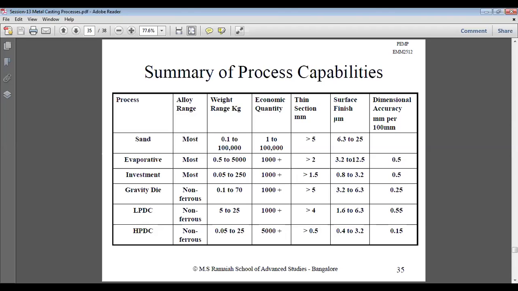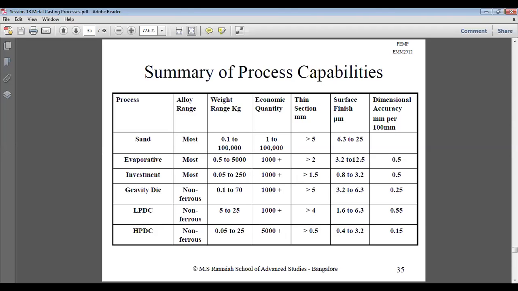So we can take sand casting for any process, for ferrous or non-ferrous, and for any quantities, 1 to 1,000, 1 to 1 lakh, and also weight range could be 100 grams to 1 lakh kgs. So this is the sand casting process that can be applied almost everywhere.